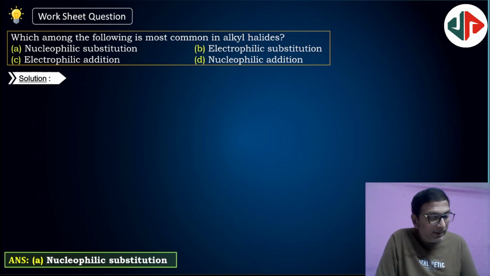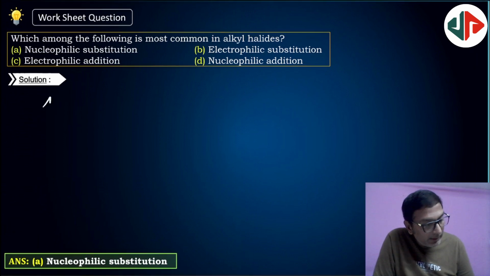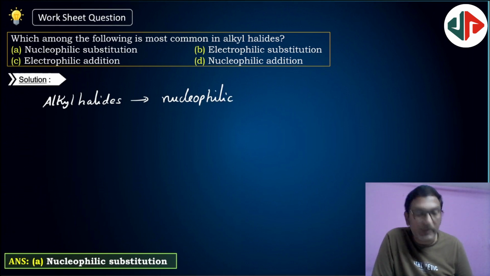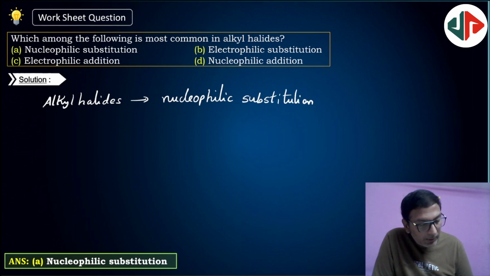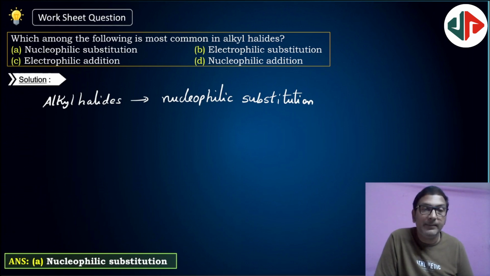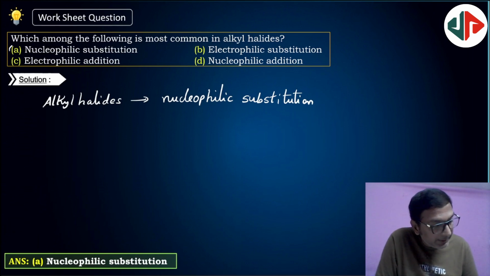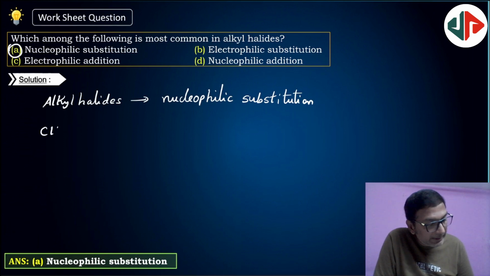So which among the following is most common in alkyl halides? So alkyl halides undergo nucleophilic substitution reactions. So simply A. We can write like this.